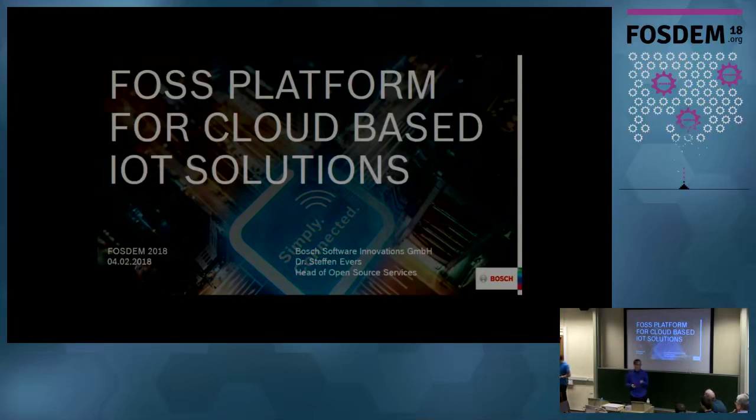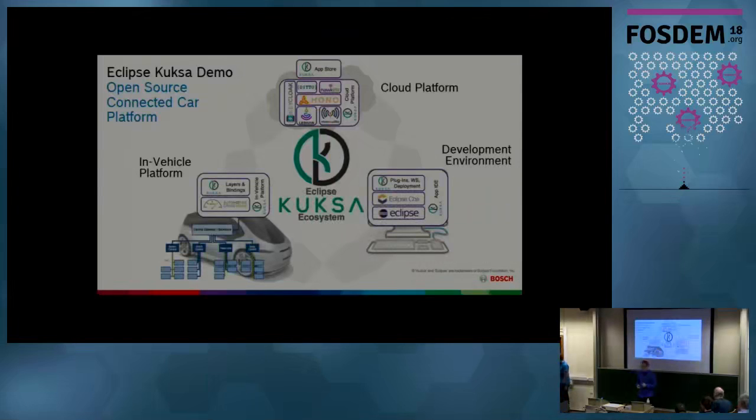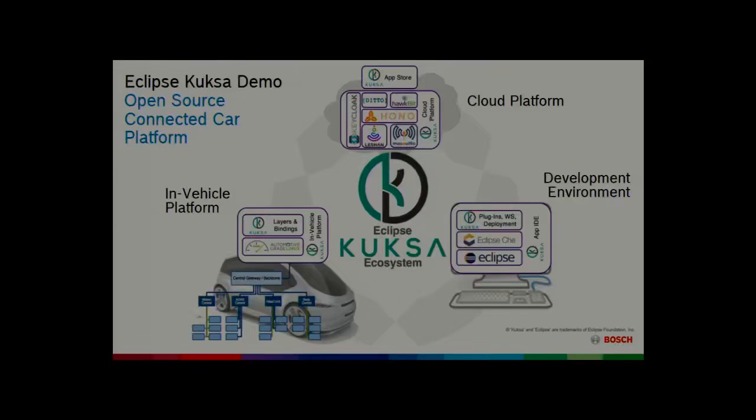There is a rover from Eclipse, and this little rover is just this size. I was too lazy to bring it here, on the plane it was a little bit of a problem. With this rover you can drive forward, backward, and things like that. Connecting this thing to a cloud is the basic idea of Eclipse Kuksa.